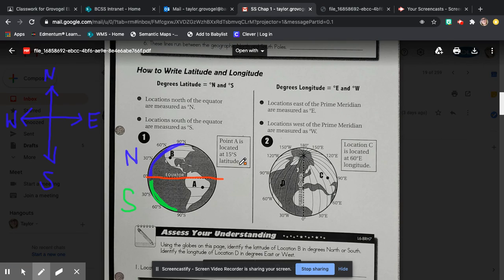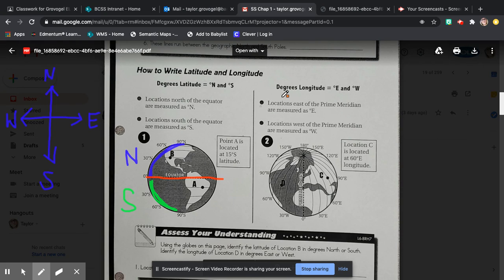So now let's go ahead and look at point A. Point A is located at 15 degrees south. It's on this line here. It doesn't say 15 degrees, but since it's halfway between 30 and 0, you can just divide 30 by 2.